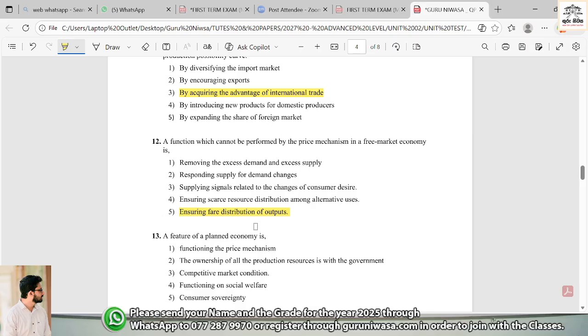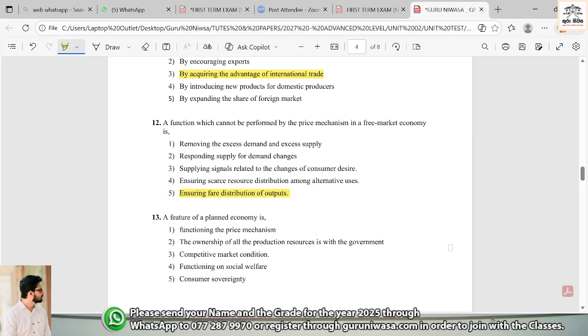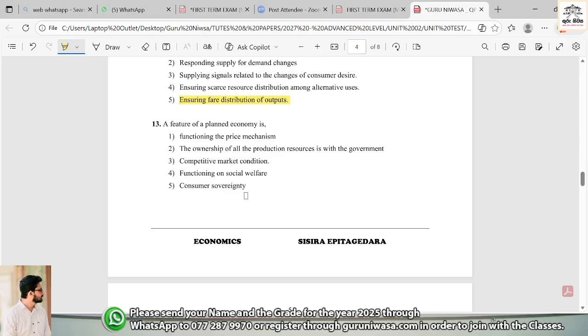No goods and services are allocated or distributed to those who don't have money. Fair or unfair? Unfair. The answer is the fifth one. Question 13. The answer is the fourth one.